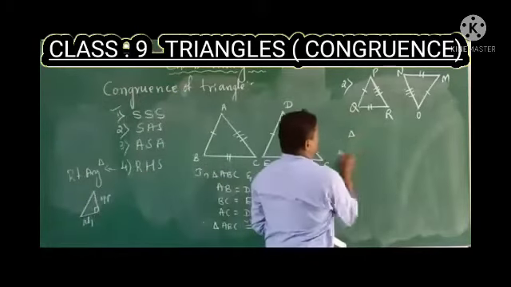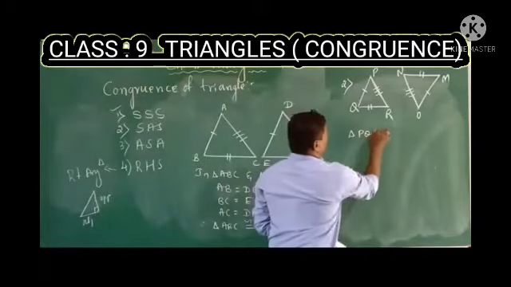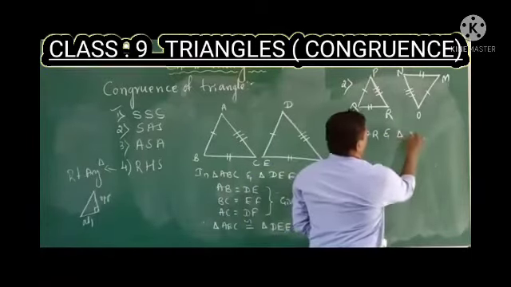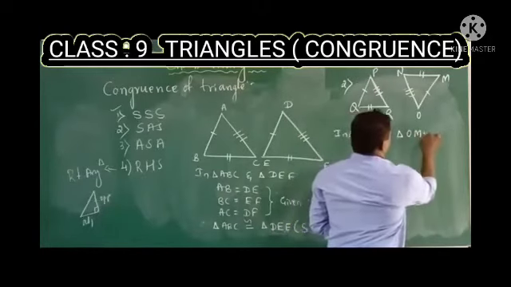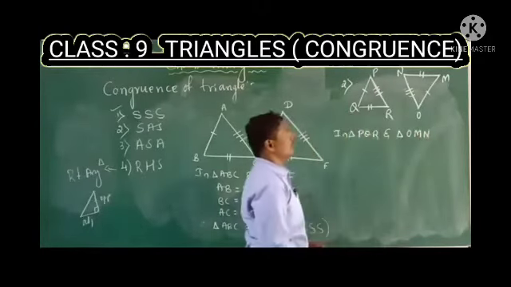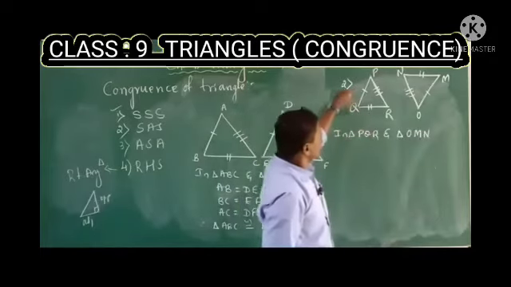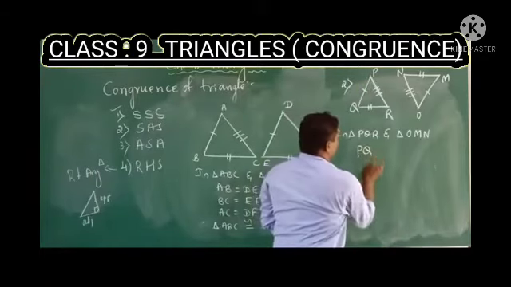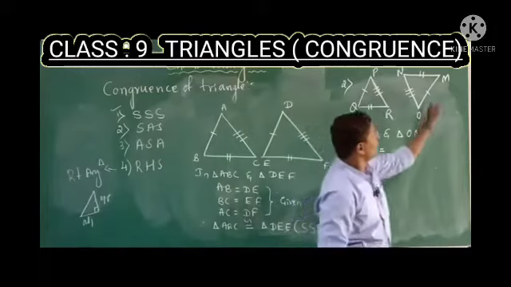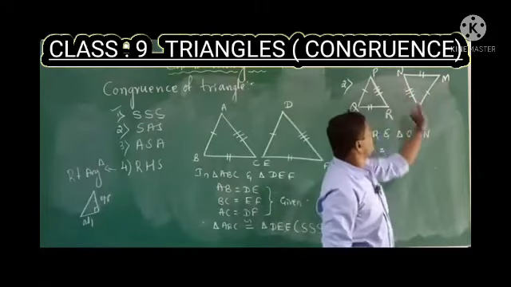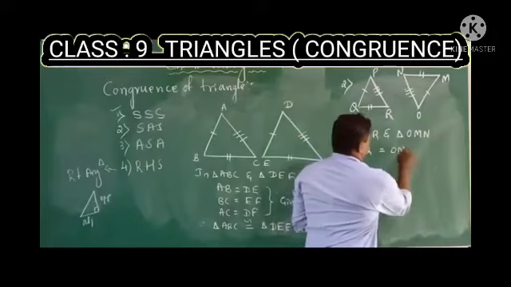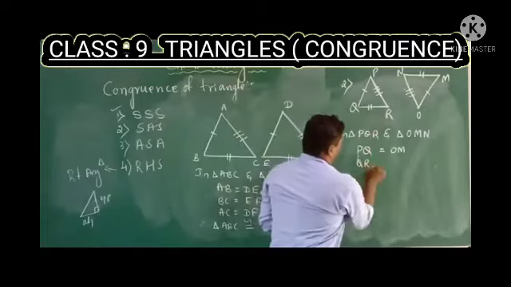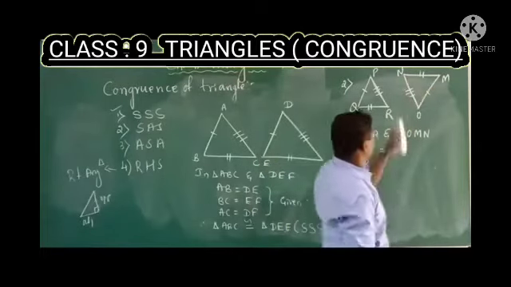Consider the two triangles, triangle PQR and triangle OMN. Right? So which is the first side here? PQ. The length of PQ is equal to OM. Second, QR is equal to MN.